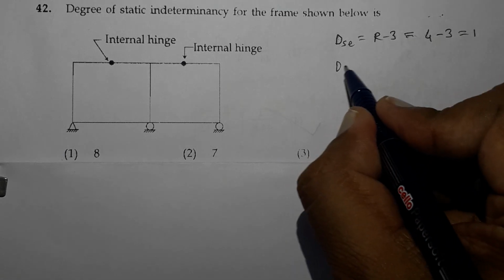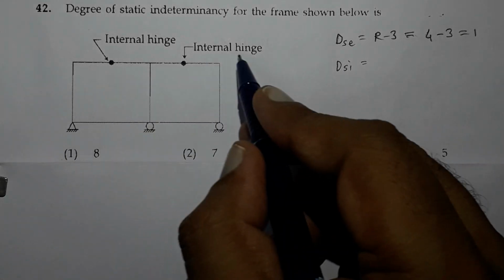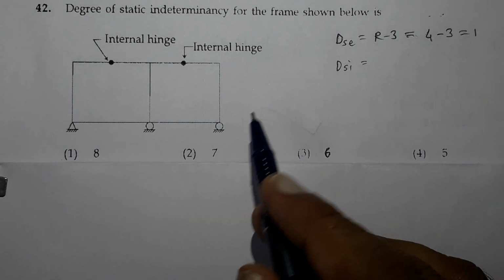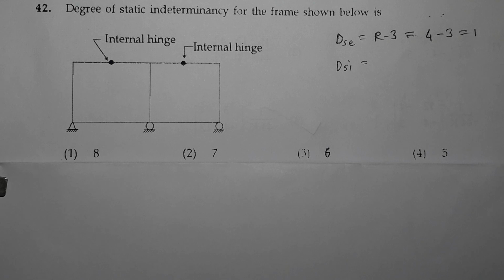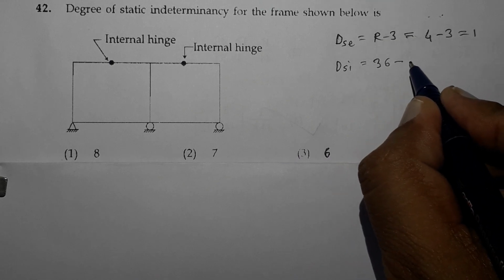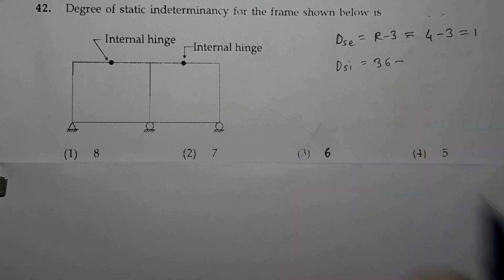Then DSI. Now rigid joints are seen over there. So in such cases, we will have to check the number of closed cells. So here there are two closed cells. So 3 times C minus the number of available equilibrium equations which are there because of the internal hinges.